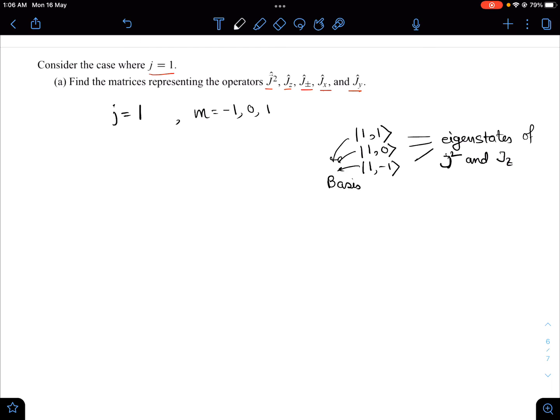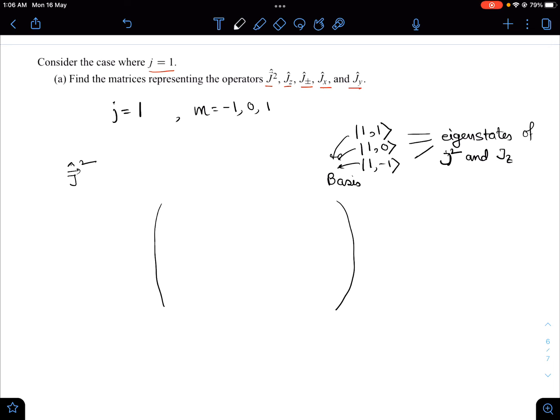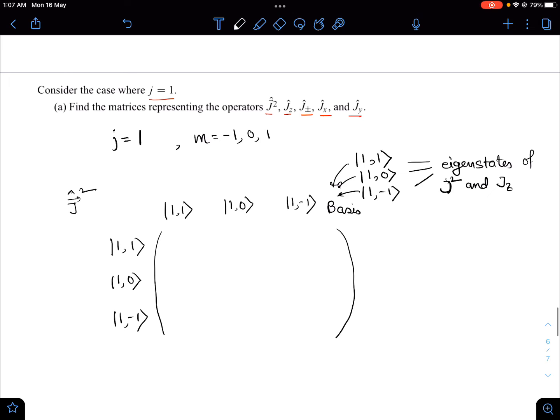As we have to find the matrix, suppose we want to find the matrix representation of operator jz squared, then we have to find all the matrix elements. So in this matrix we write |1,1>, |1,0> and |1,-1> along the rows, and <1,1|, <1,0|, <1,-1| along the columns.